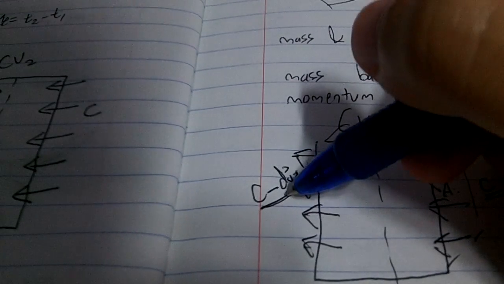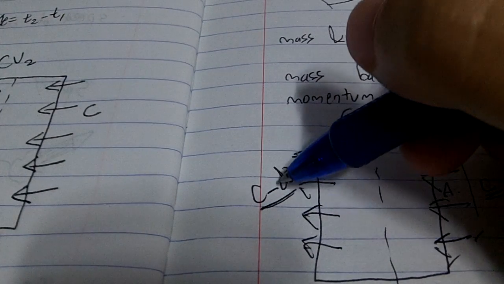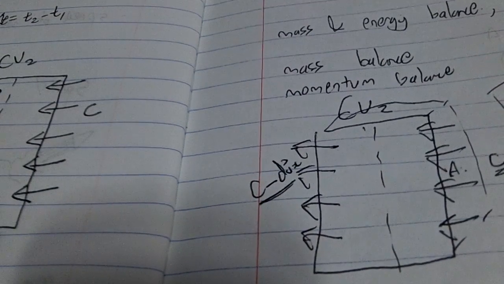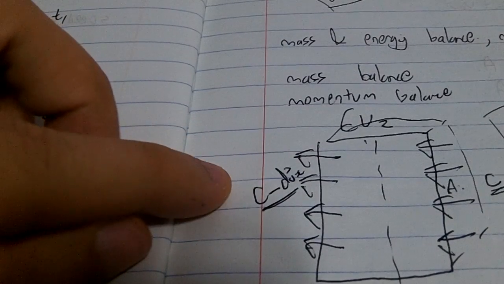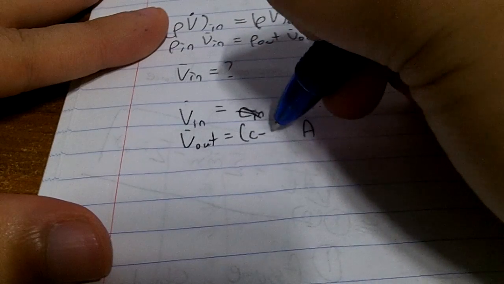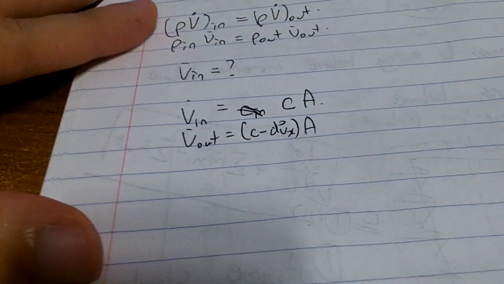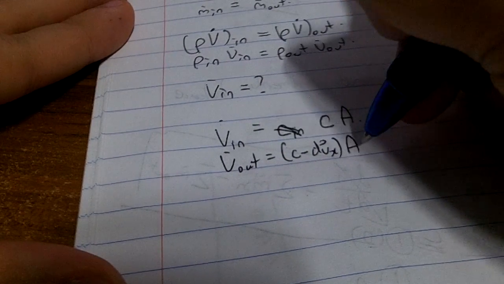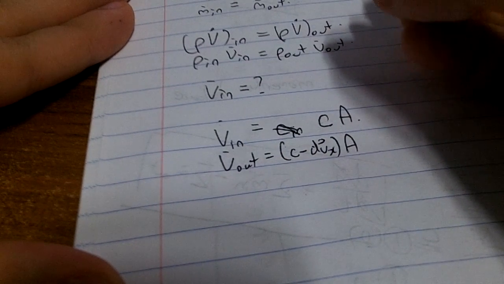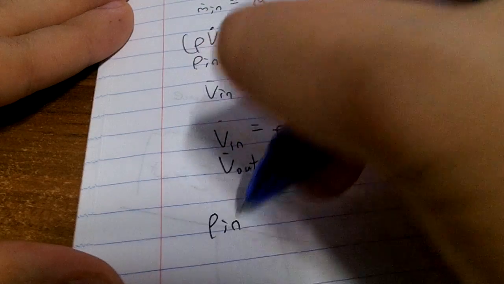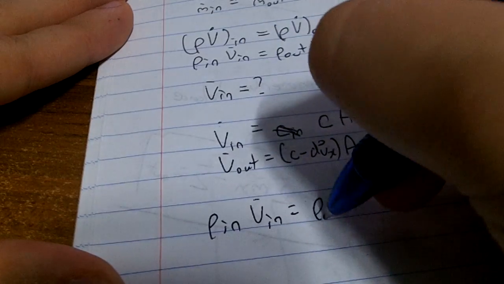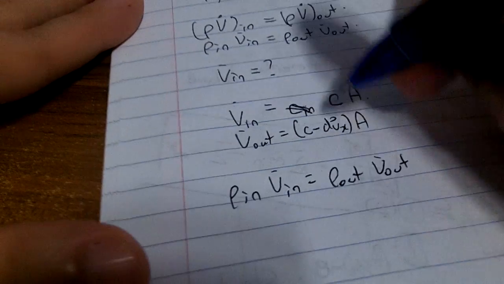Now we want to look at the flow rate out. That is C minus dVx. That is the speed out. Now let's substitute this back into here. Rho in, V dot in equals rho out, V dot out.